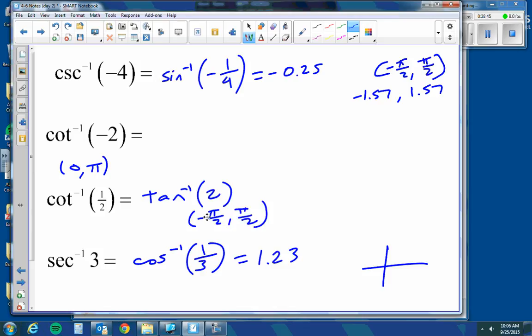But what are they going to do here? Because if it's positive, it's going to be a first quadrant angle. Will they overlap? So type it in. Type in inverse tangent of 2. Okay, is it rounded to 1.11?